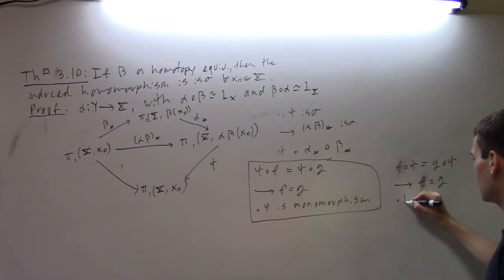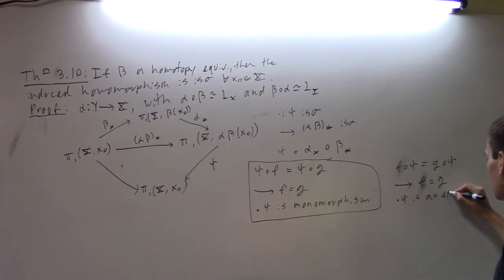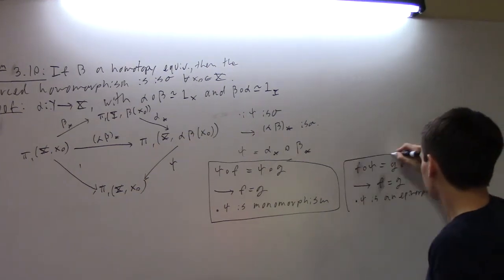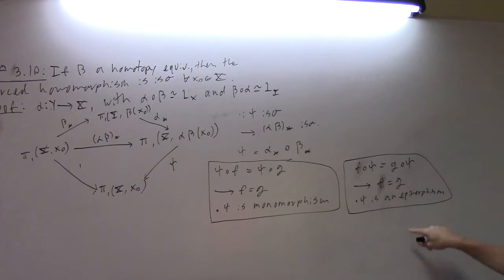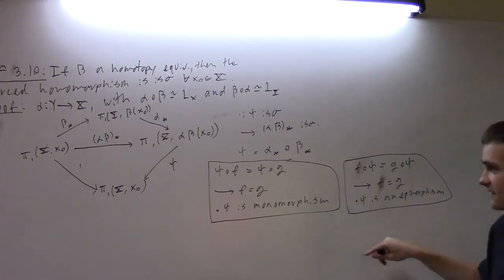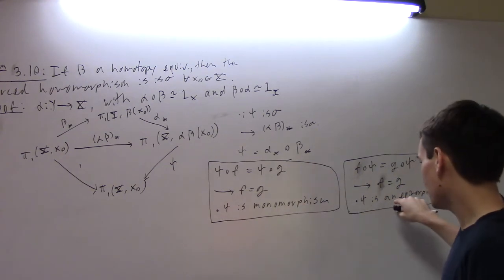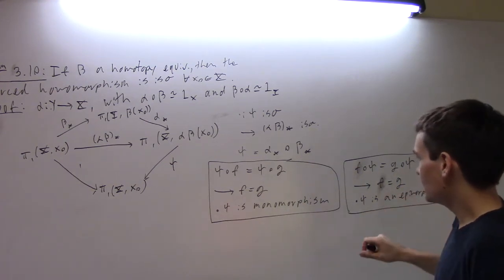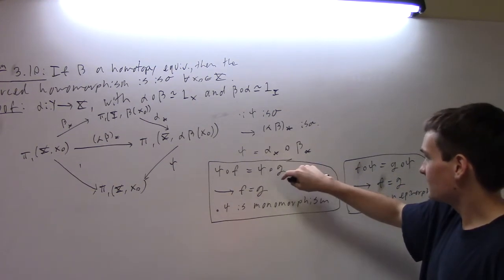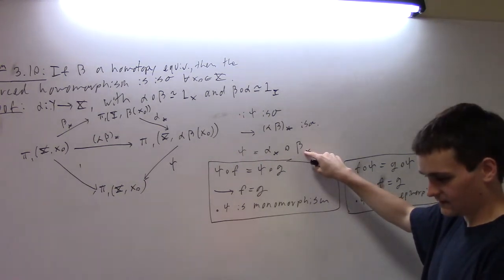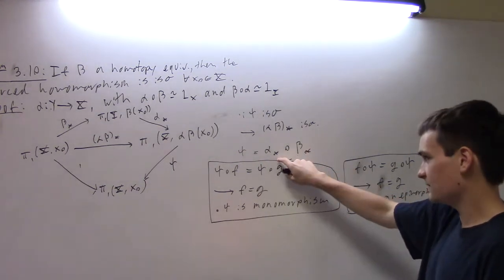So this says that psi is an epimorphism. So from this, by the fact that if you have an isomorphism, it is necessarily a monomorphism and an epimorphism, you can show that this has to be injective and this has to be surjective.